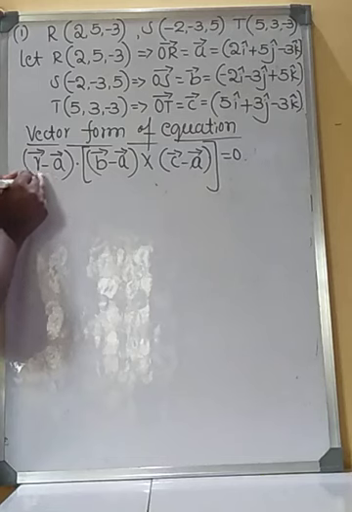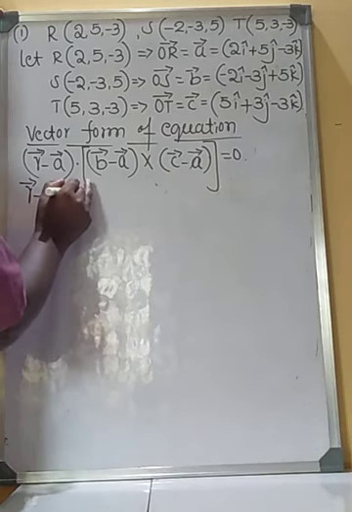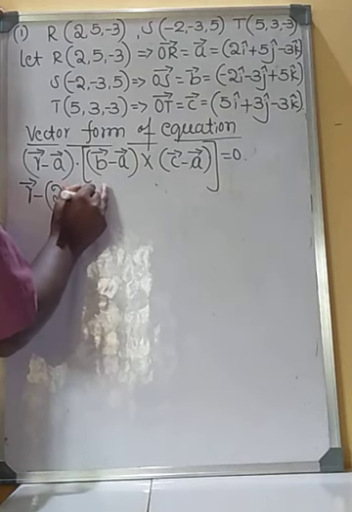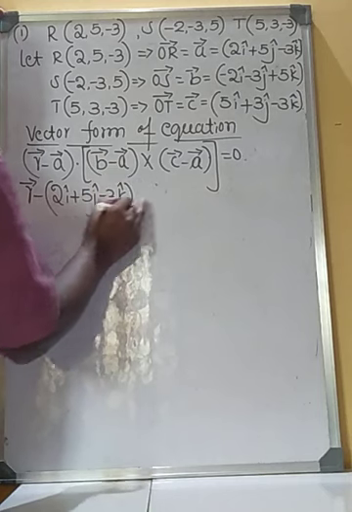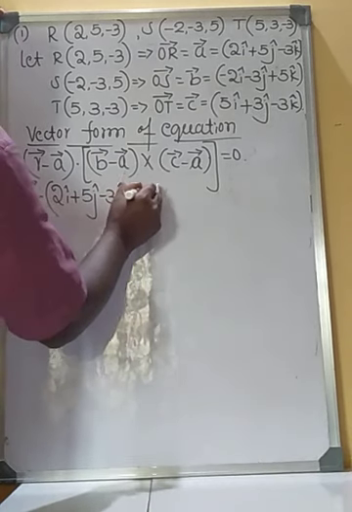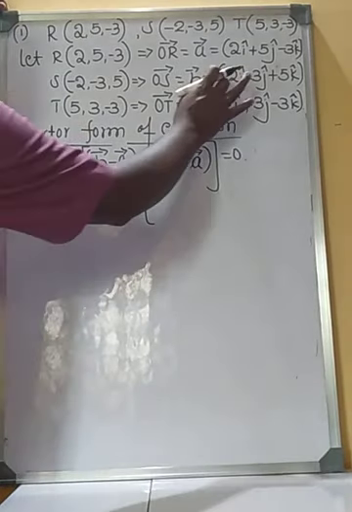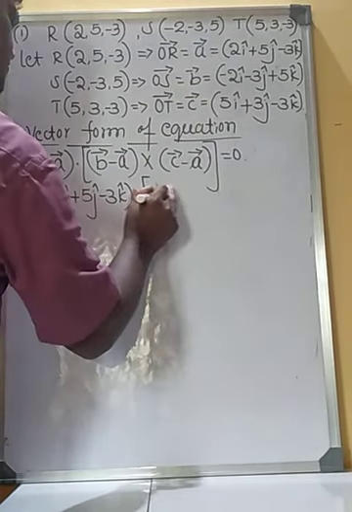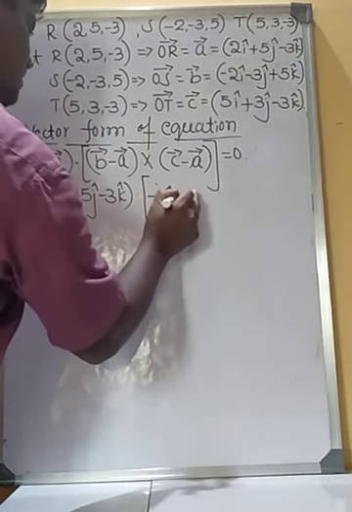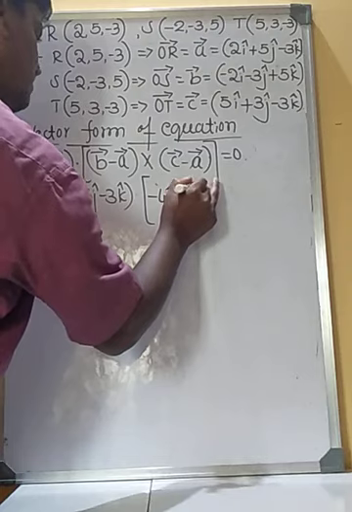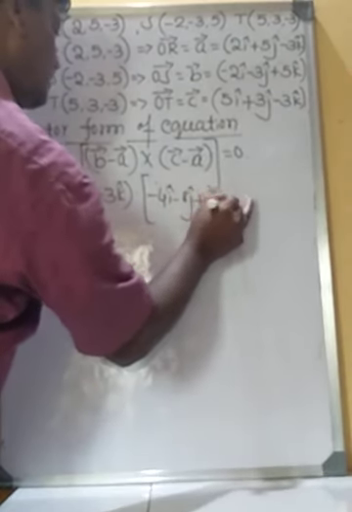Vector R we write as it is, minus A vector: 2i plus 5j minus 3k, dot B minus A vector: -2 minus 2 is -4i, -3 minus 5 is -8j, 5 plus 3 is 8k.